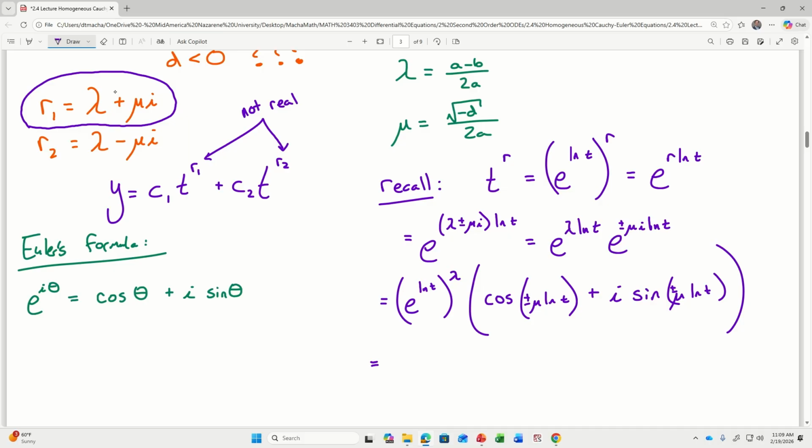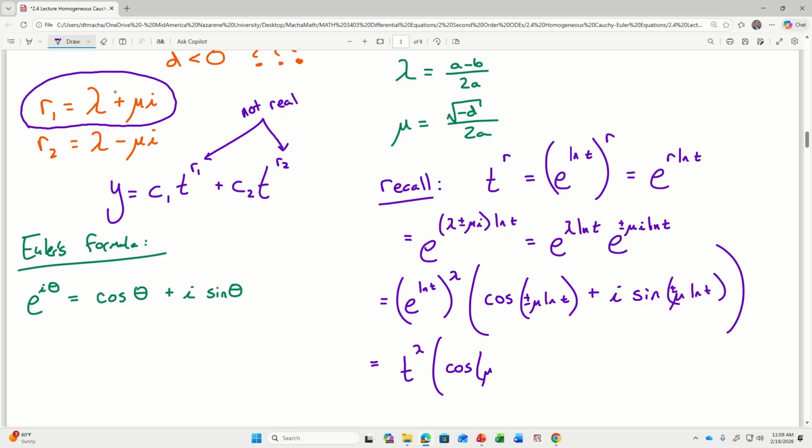So then e to the power natural log of t is what? t. So I can write t to the power lambda times, and do you remember what is cosine of negative mu natural log t? Cosine is an even function, and so it does not matter for cosine whether the argument is positive or negative.